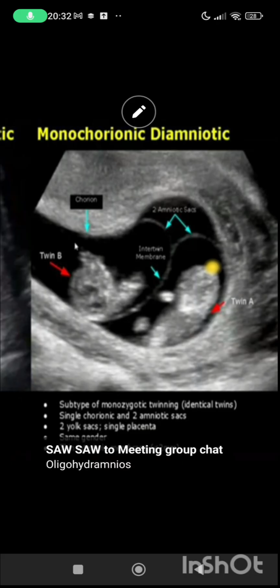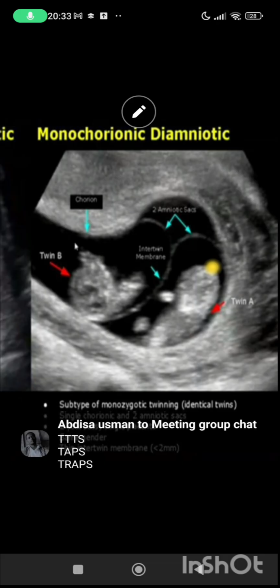There could be selective fetal growth restriction. There could be TAPS, twin anemia polycythemia sequence. There could be cord entanglement in monochorionic monoamniotic twins.